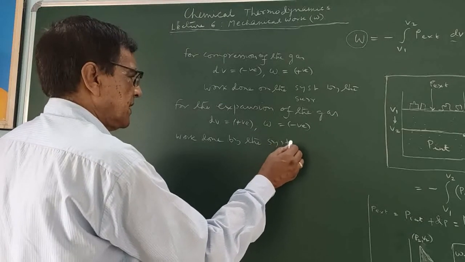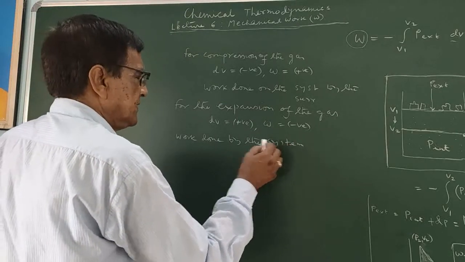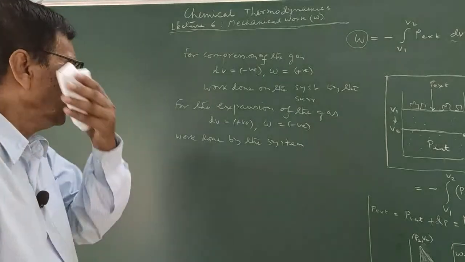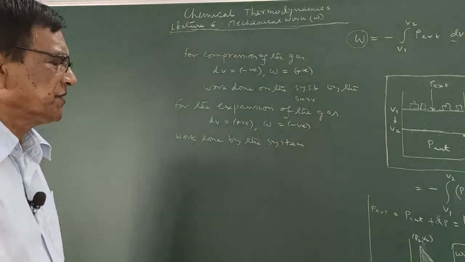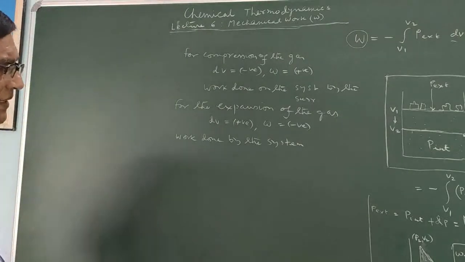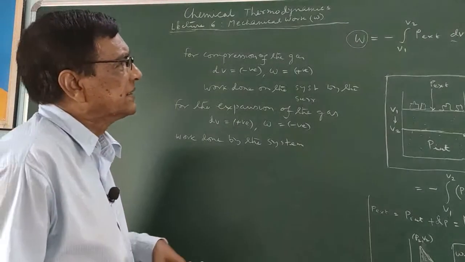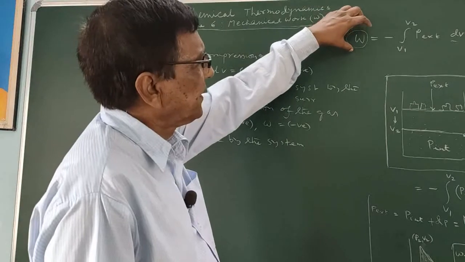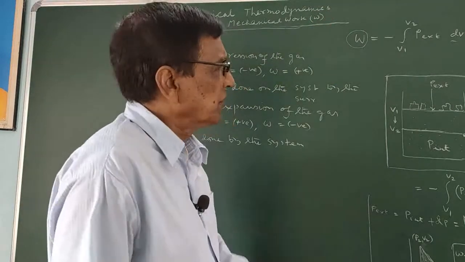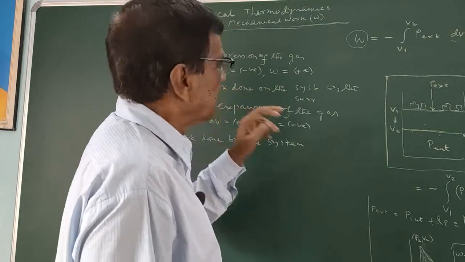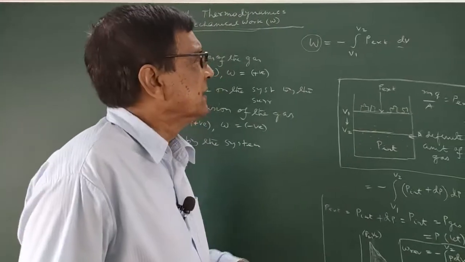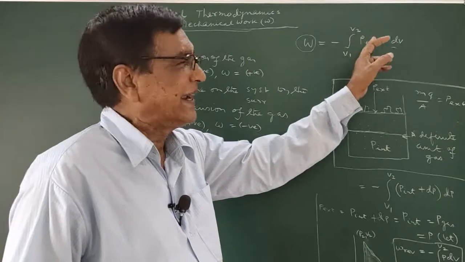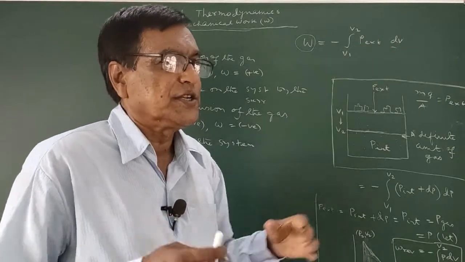Whenever the system does work, its energy will decrease. And the magnitude of this mechanical work for the same volume change V1 to V2 depends on the magnitude of the external pressure.